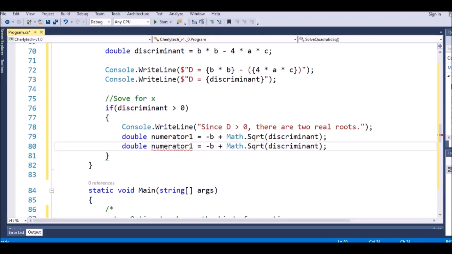Just change the sign to like this, and this one should be minus. Okay.